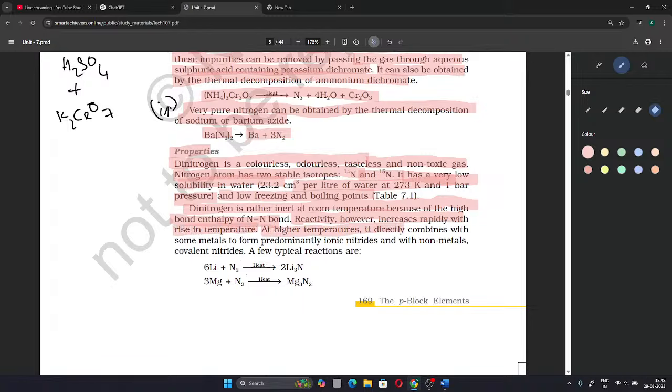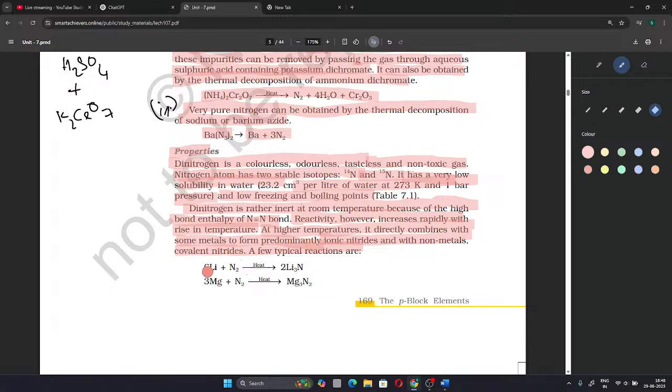At higher temperature, it directly combines with some metals to form predominantly ionic nitrides, and with non-metals covalent nitrides. A few typical reactions are given, but they're saying as temperature increases and the bond enthalpy decreases, the reactivity increases, and with metals it forms ionic compounds, whereas with non-metals it will form covalent nitrides.